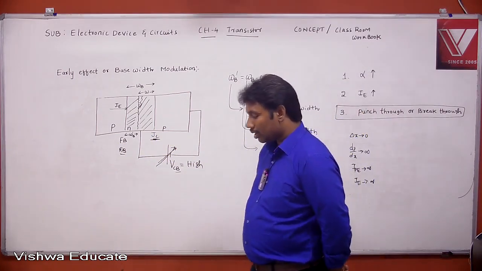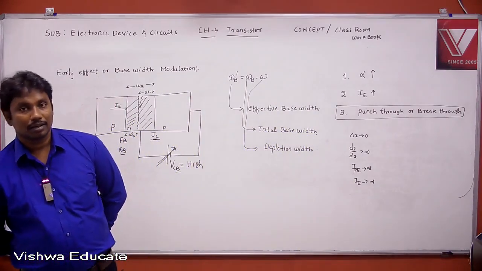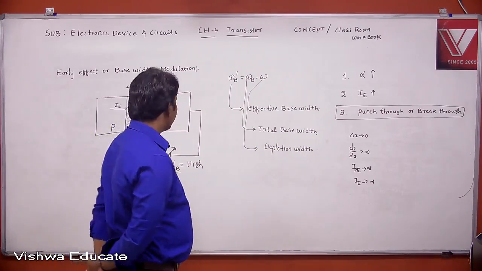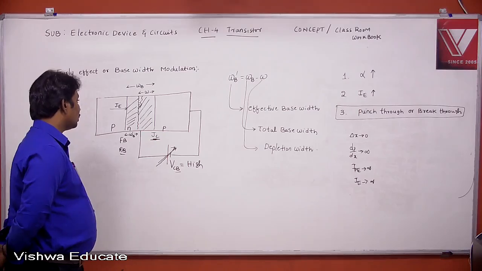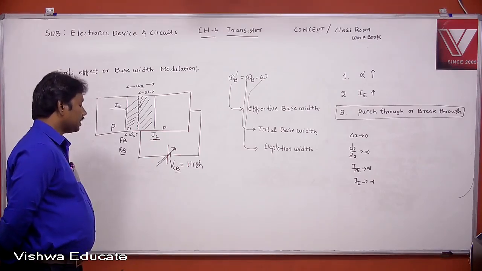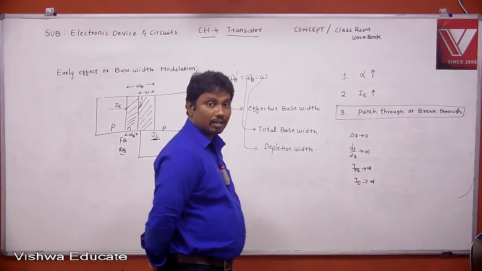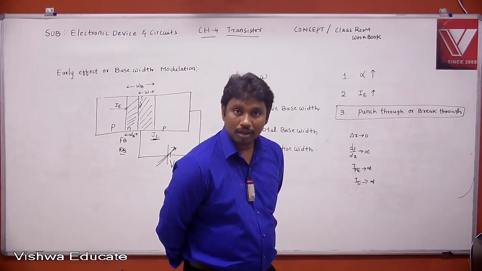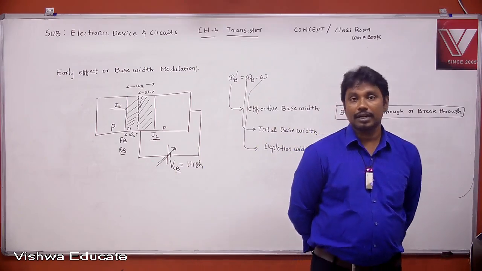And also the maximum power is dissipated within the depletion region, which may cause overheating of the transistor, and the transistor gets damaged.